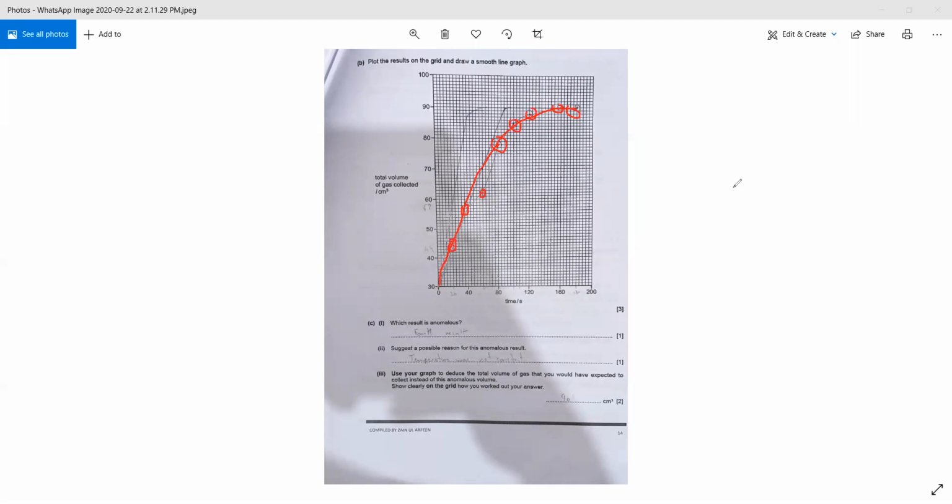Like if a student performs an experiment to find the value of gravity, and he's getting 10, 10.8, 9.5, and he's getting 17. So which result is anomalous in this? 17 is out of order.